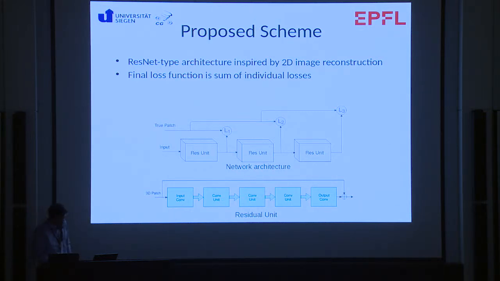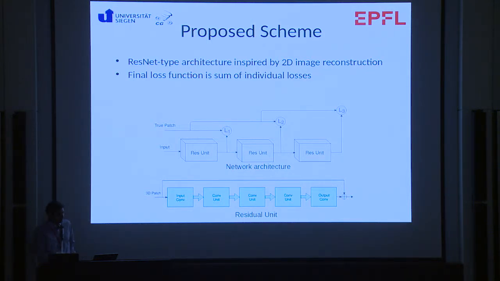And what we do is we use the standard designs. Image restoration has been around for a few years through deep learning, and residual network type of architectures have been applied for this problem with significant success.